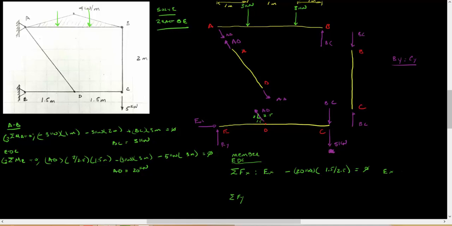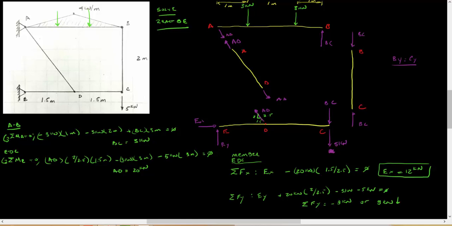So EX comes out to be 12 kilonewtons. And sum my forces in the Y, I get EY plus 20 kilonewtons times 2 over 2.5 minus 3 kilonewtons minus 5 kilonewtons is equal to 0. So EY comes out to be negative 8 kilonewtons, or 8 kilonewtons that is going down.